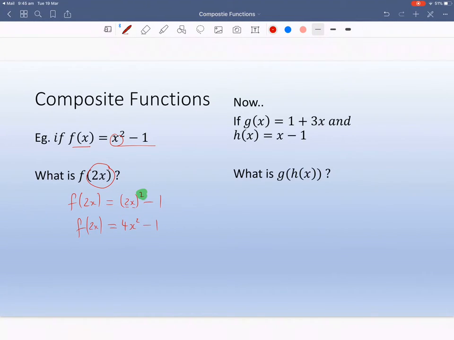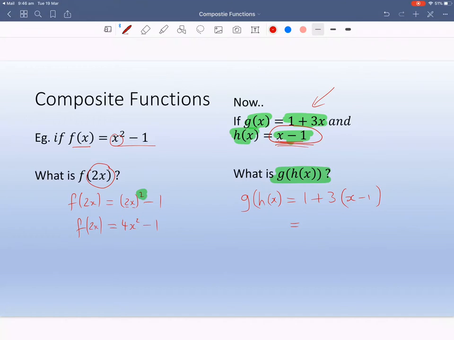Okay. Now, this is where we're going to do the composite functions. If g of x equals 1 plus 3x and h of x equals x minus 1, what is g of h of x? We're going to substitute in h of x, so in here we're going to substitute this whole thing. So let me write it out. It's g of h of x, which is 1 plus 3, and I'm going to substitute everything that's h of x, so it'd be x minus 1.